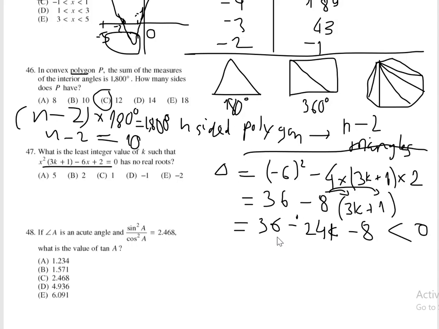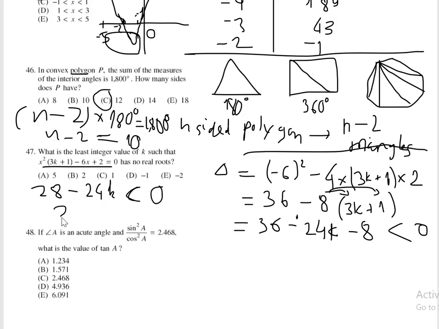So 36 minus 8 is 28, and 28 minus 24k must be smaller than 0.